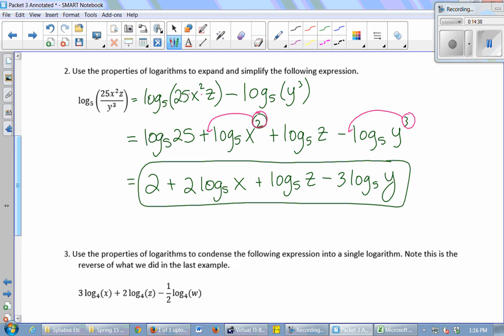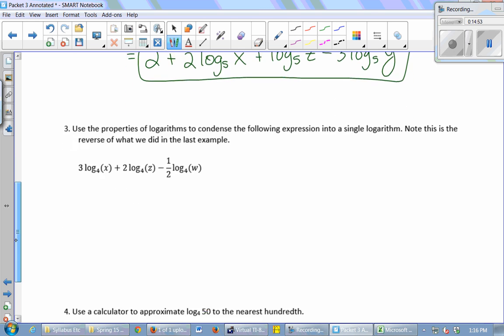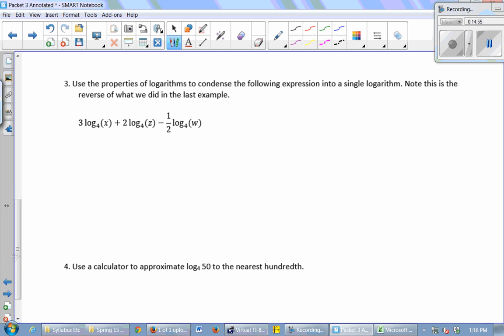So now I'm going to do the reverse process. I'm going to take something that's expanded and try to compress it back together into a single logarithm. So I'm going to be using my rules in reverse. All right, so the first thing I'm going to do is take any coefficients and pop them back up into the exponents.